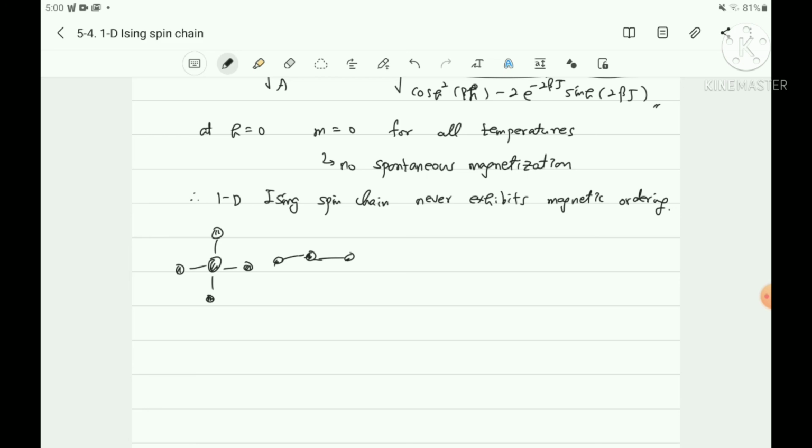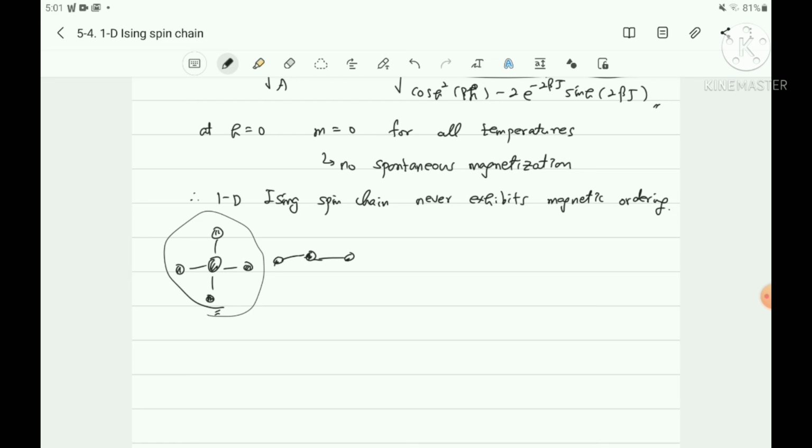But in higher dimensions there are enough nearest neighbors, and ferromagnetic ordering can occur, especially in the two-dimensional spin system. The real system is a three-dimensional magnetic system, and its exact solution has not been developed. If you find any solution for the three-dimensional phase transition, you can get the Nobel Prize.